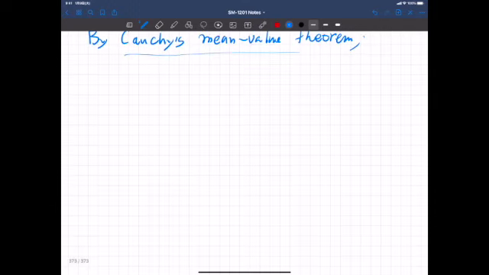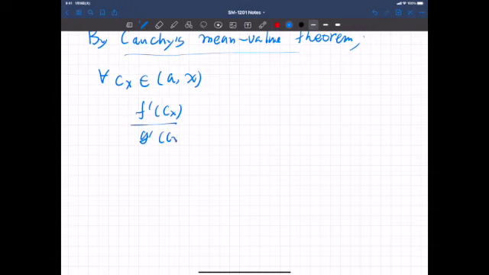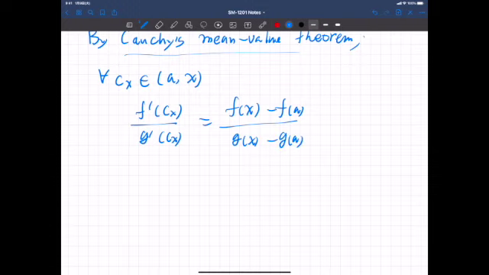If we apply this theorem, there exists some value, let's call it c x, within this interval between a and x, such that f prime c x over g prime c x is equal to f x minus f a over g x minus g a. But by definition, the values of f and g at a are both 0. So this is just a ratio between f of x and g of x.